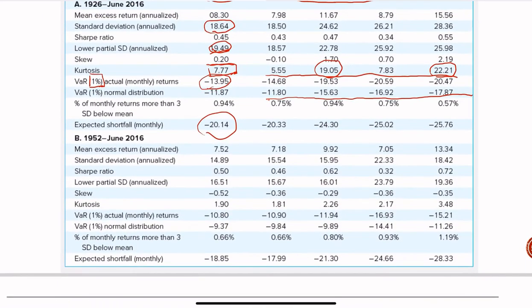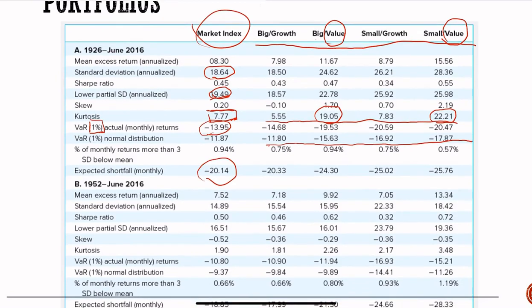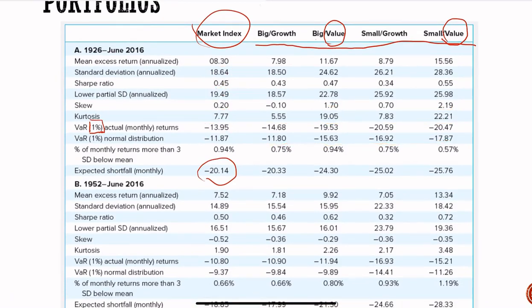And then the table also gives you some statistics for returns between 1952 to 2016. What can we see here? Well, what you can see here is investing in the stock market actually became less risky after the 1950s, right?